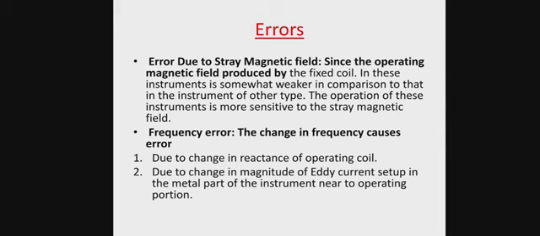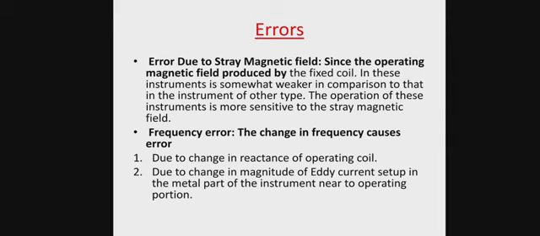Since the operating magnetic field produced by the fixed coil in these instruments is weaker in comparison to that in instruments of other types, the operation of these instruments is more sensitive to stray magnetic fields.